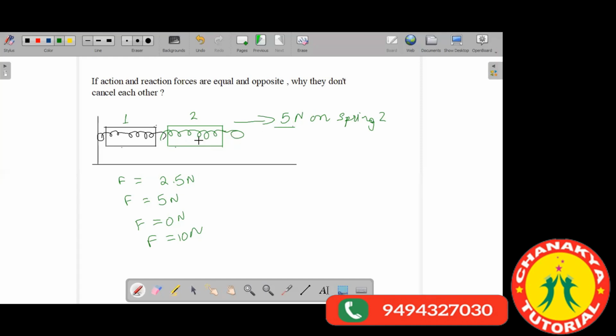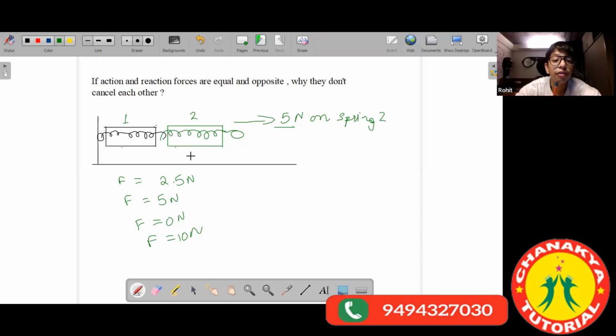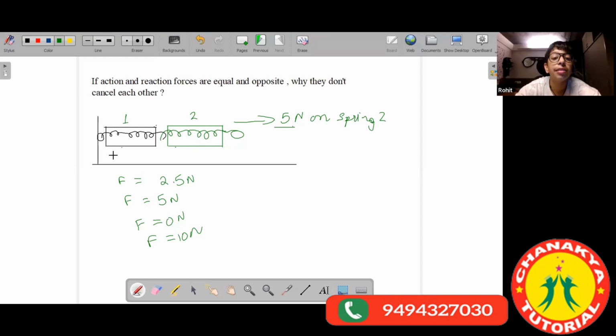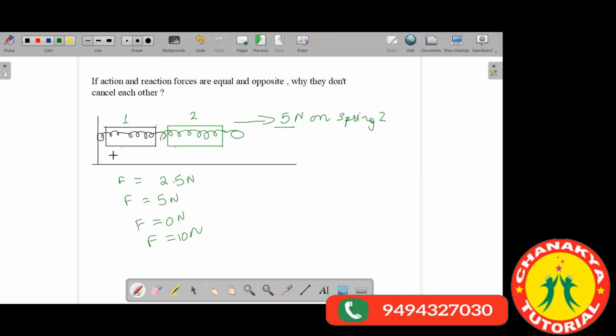Sir, then the force will be 0 Newton for the first spring, as we are applying the maximum force on the second spring, right? Won't the second spring pull the first spring towards it?